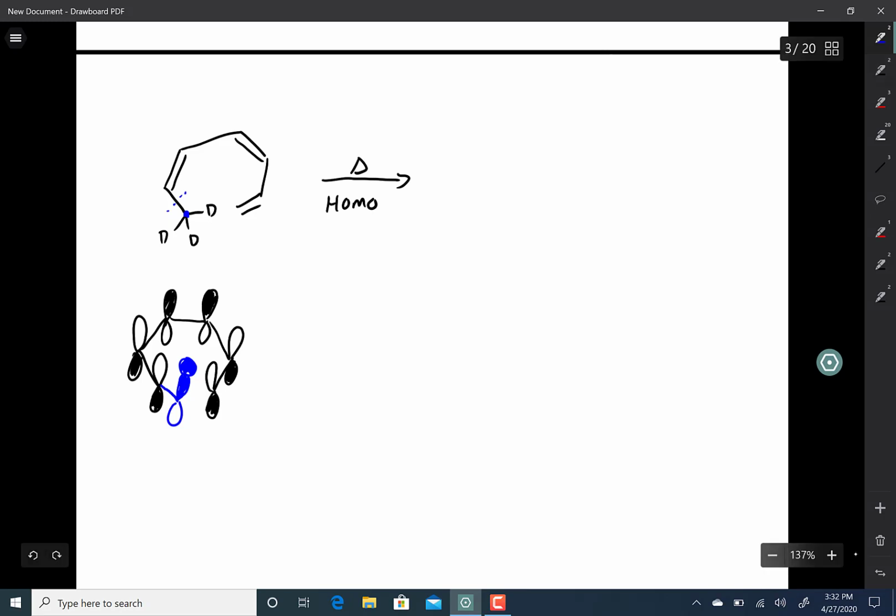Now, in order to do this reaction, the bottom lobe here has to grab it because that bottom lobe is shaded in the same shading as the p orbital, as the deuterium, as that s orbital is. And so, as a result, this molecule has to start off with the deuterium on the top, and it would end up on the bottom.